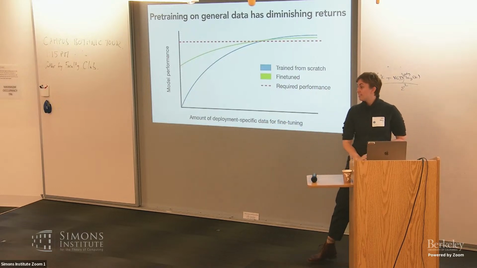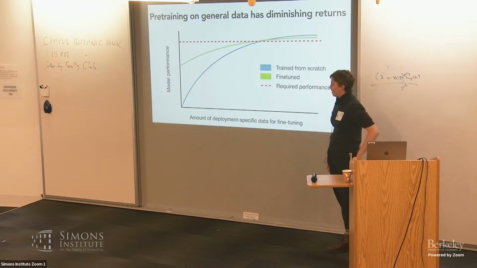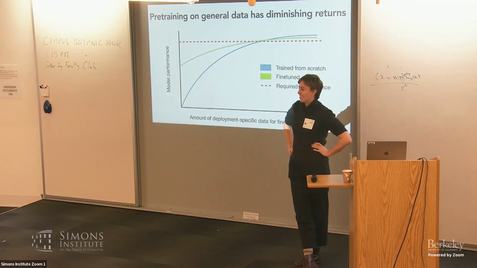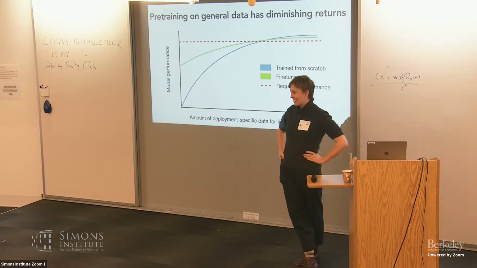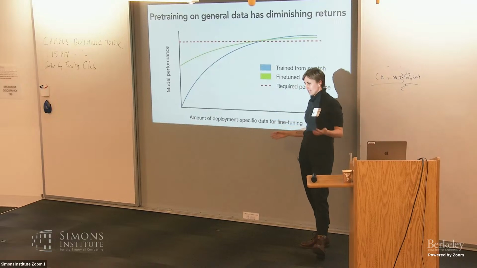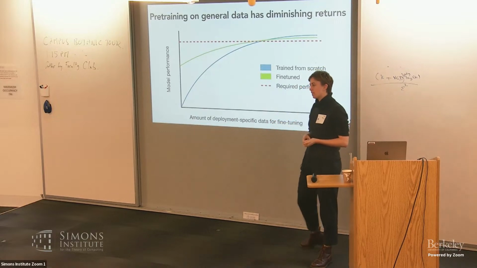So, quick question. This picture that we see here, is that just a generic observation, or is there a more exact experiment that shows something like this? Yeah, this is a generic observation that comes from many, many exact experiments over many different types of data.